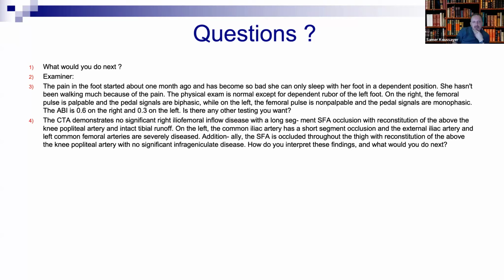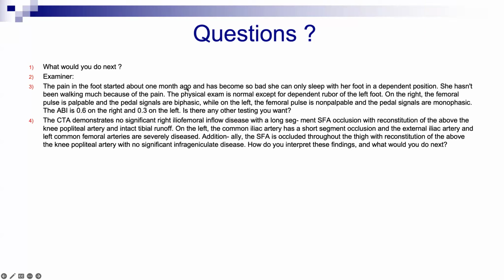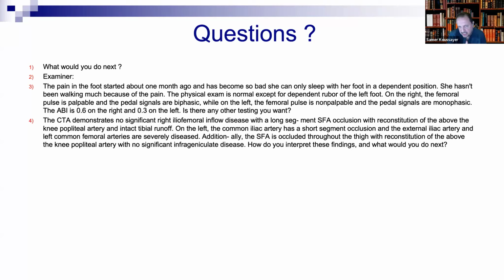Okay. I will not say that, because he told you that it's been there for 1 month, right? The pain in the foot started about 1 month ago, you see? So if she was okay, and suddenly, like if she has a long history of claudication and suddenly comes to the ER with severe pain, it's acute on chronic.